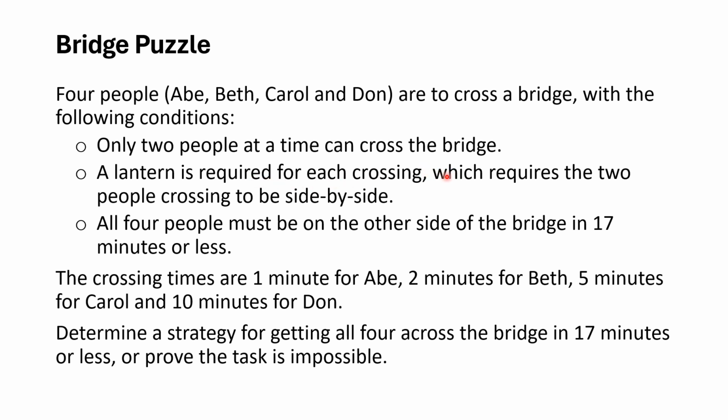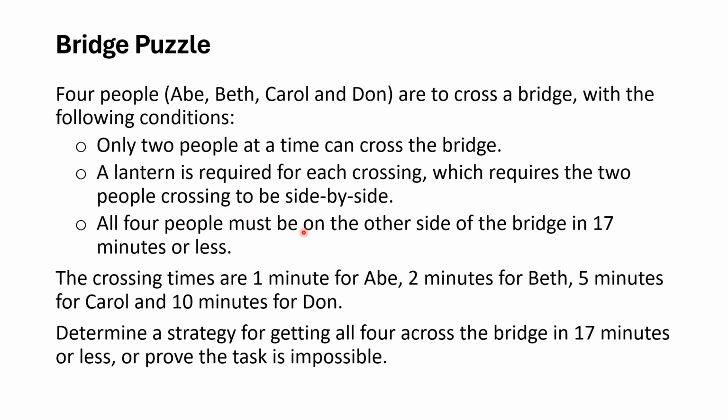And because of how treacherous it is to cross in the dark, the 2 people crossing pretty much need to cross together. So if you send a slow person with a fast person, the crossing is going to be constrained by the speed of the slower person. That's the reasoning for the second requirement here.